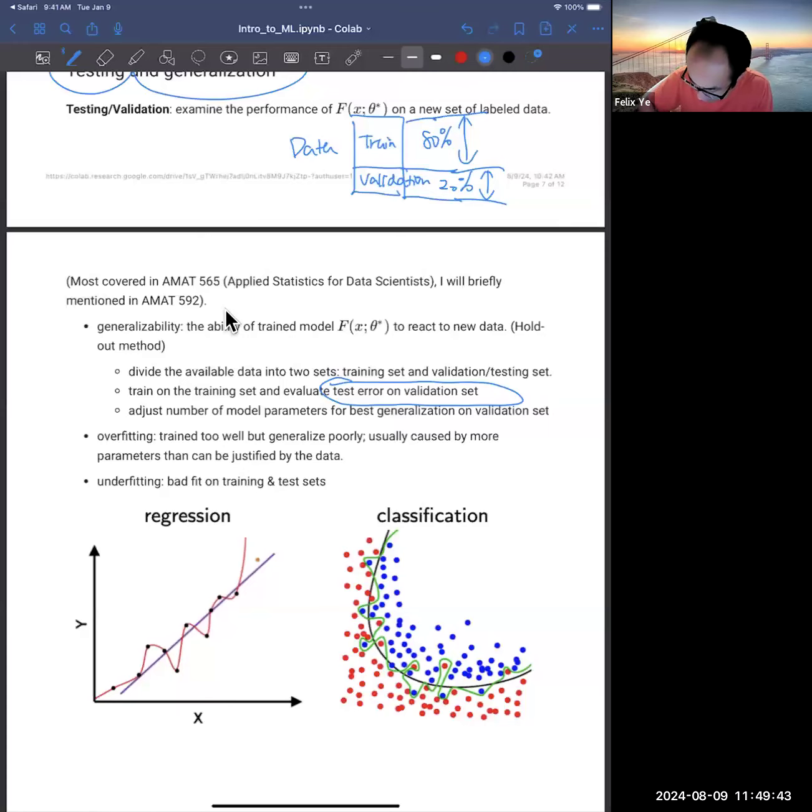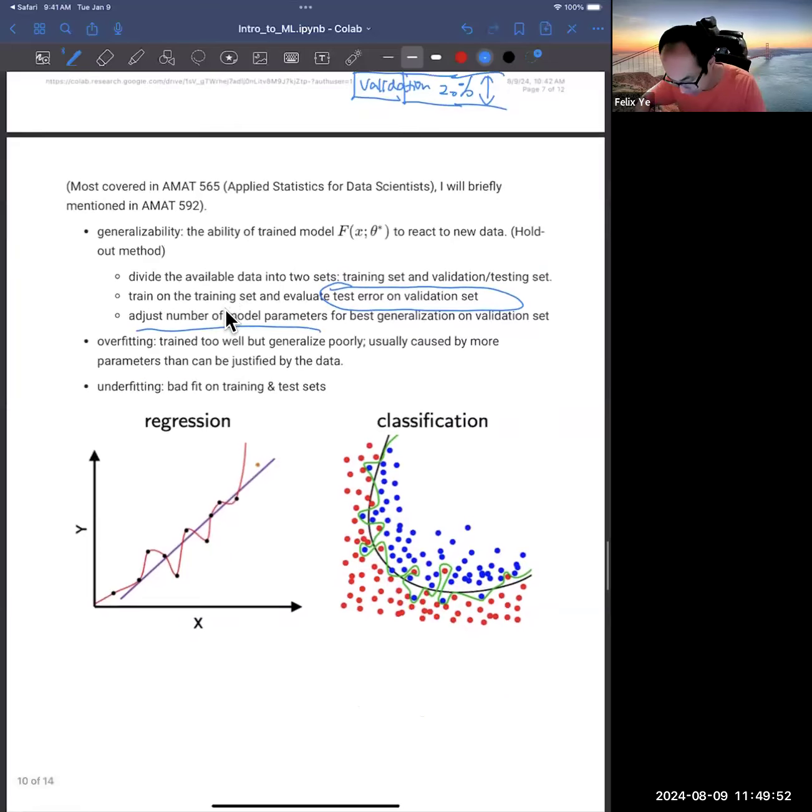And also sometimes there are degrees of freedom that we can work with. For example, even with this regression problem, what degree of polynomial should we choose? Should we choose linear? Should we choose quadratic? Should we choose cubic? That means the number of model parameters also matters. If I change the number of model parameters, then theta star will obviously be different.